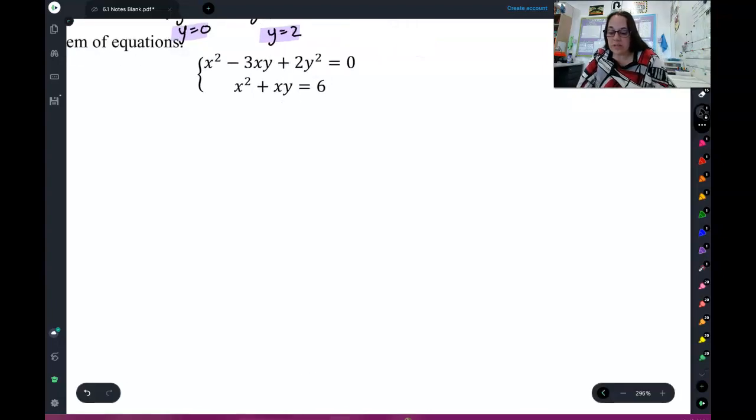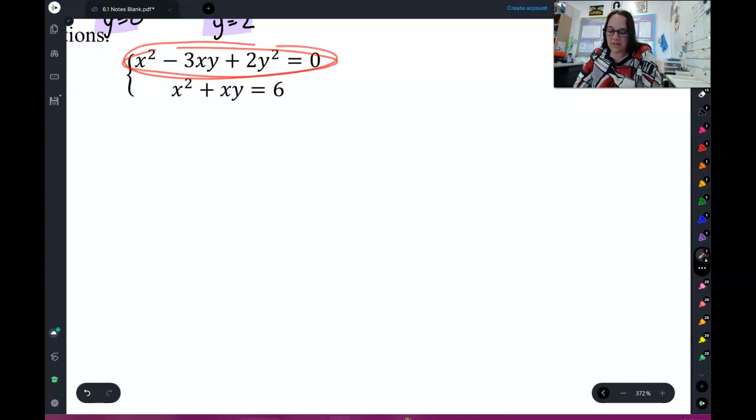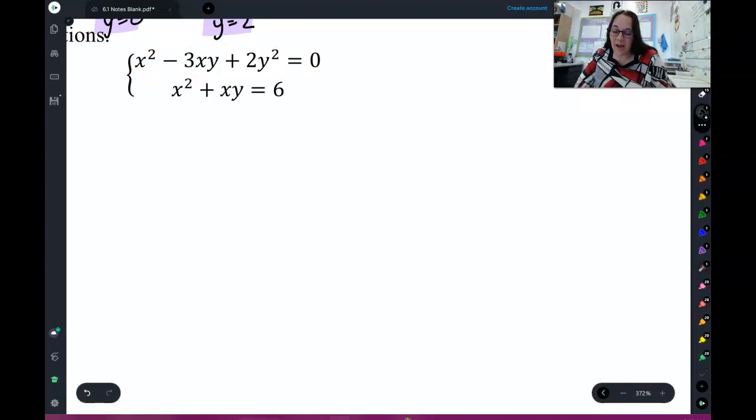Now, the first reason this problem is so awful is because it requires you at first to see that this is actually factorable, which is not an easy thing to see. I can actually factor that as x minus 2y times x minus y.